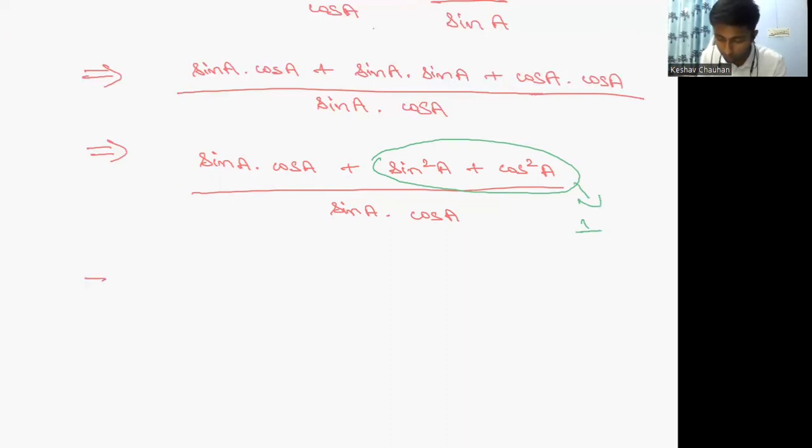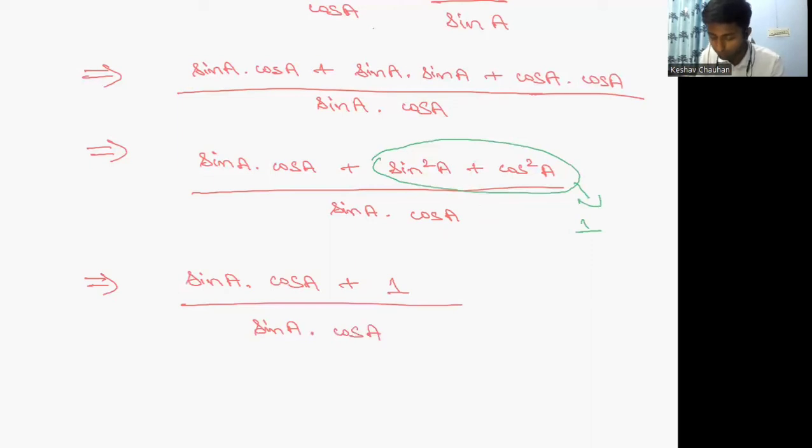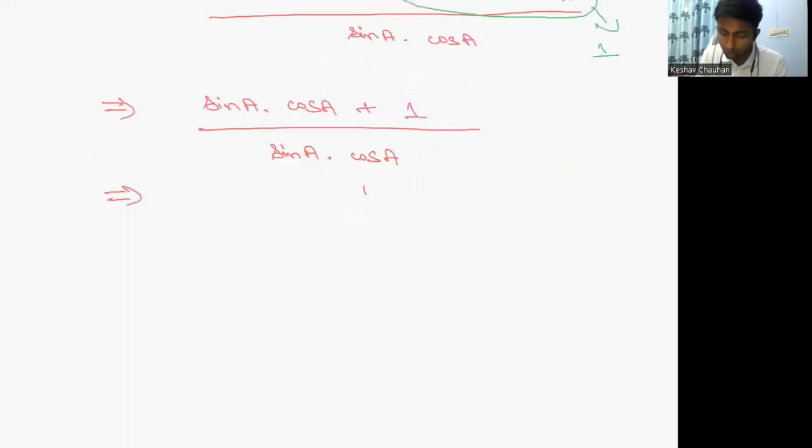Next step would be sine A into cos A plus 1 upon sine A into cos A. Now we will do the same thing we did in the LHS. Simply we'll break the LCM here.